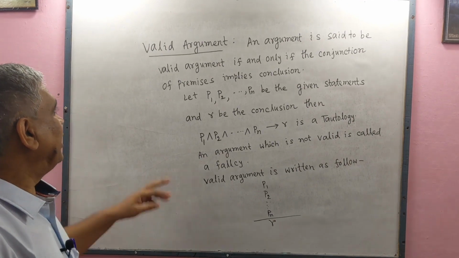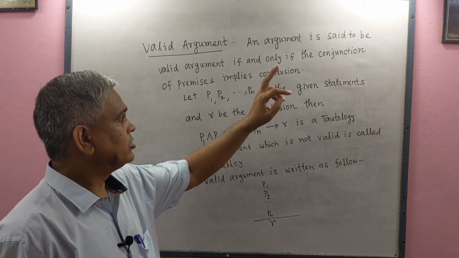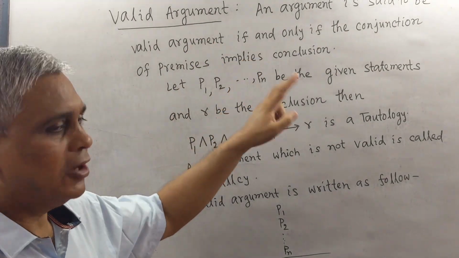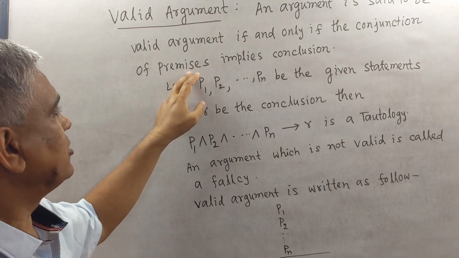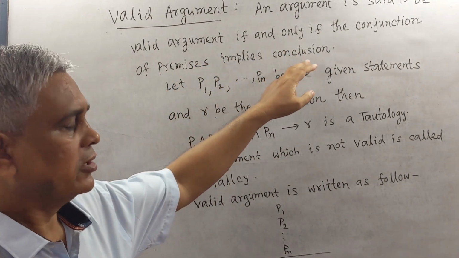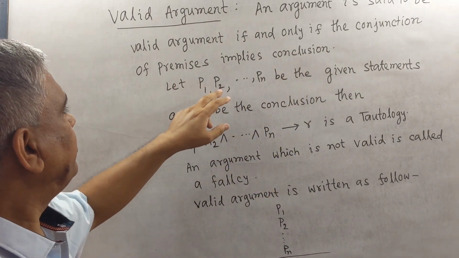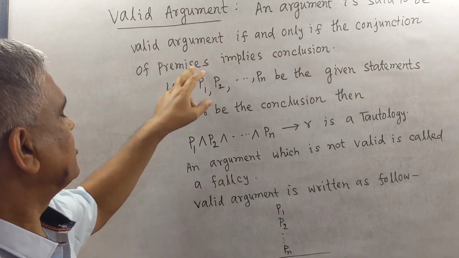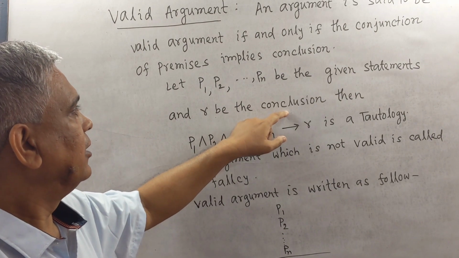Now we define valid argument. An argument is said to be valid argument if and only if the conjunction of premises implies conclusion. We may write this as: let P1, P2, Pn be the given statements or premises, and let R be the conclusion.